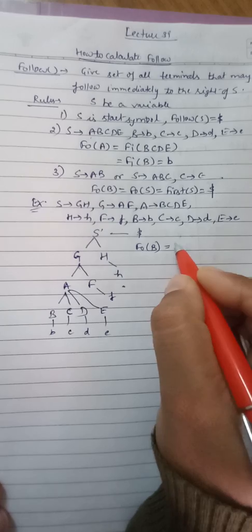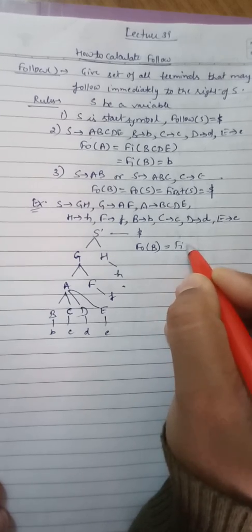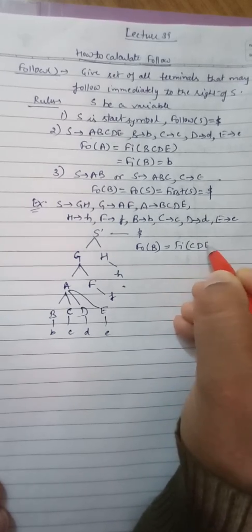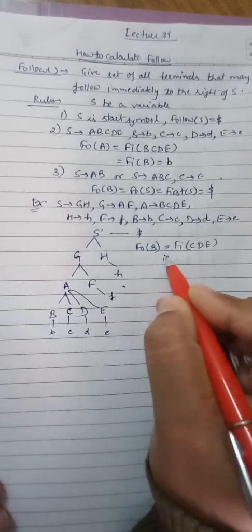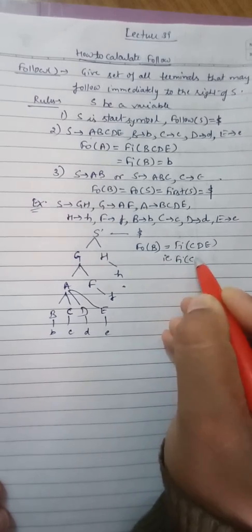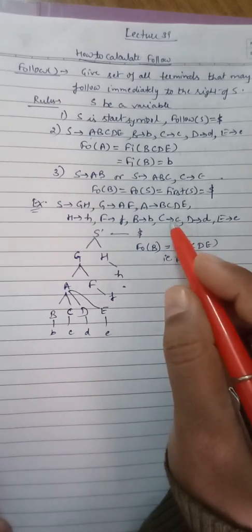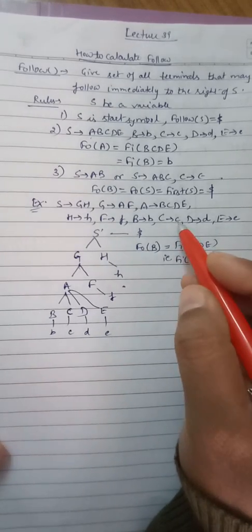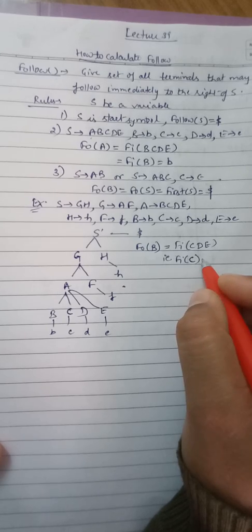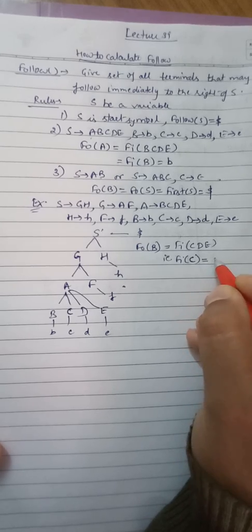So we can simply say the first of CDE, that is first of C. Because C tends to lowercase c, it will be c.